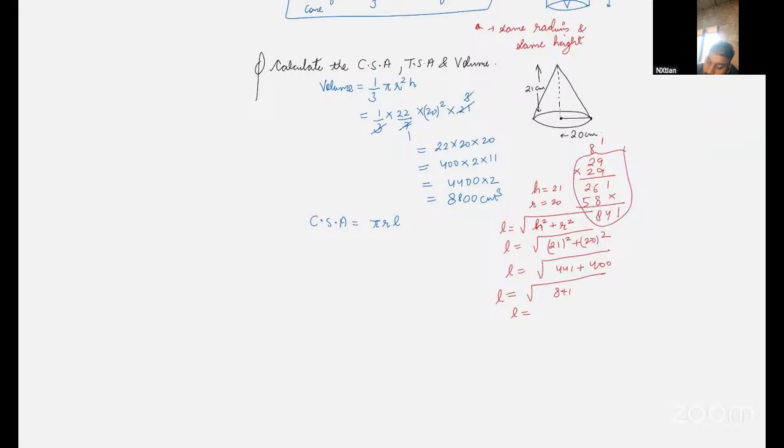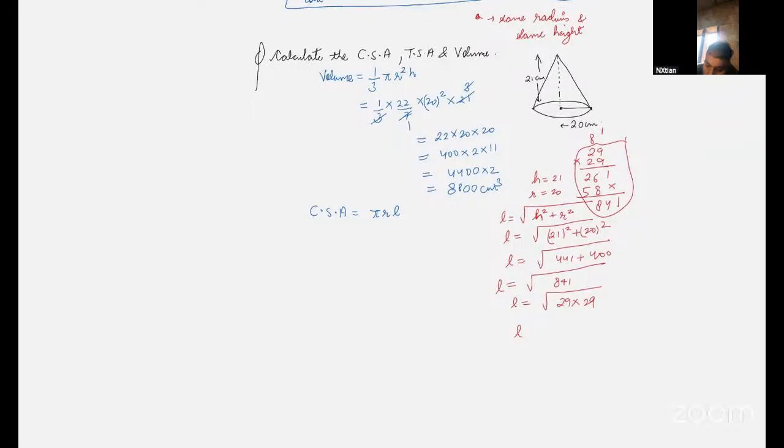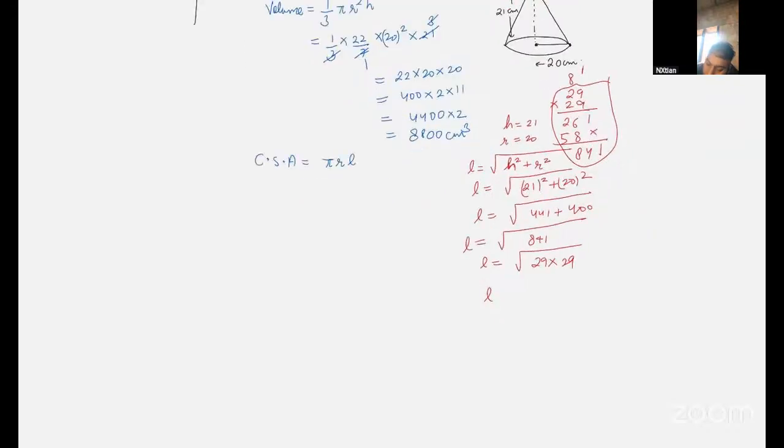So L will be 29. Now I have to put the value of L in this question.